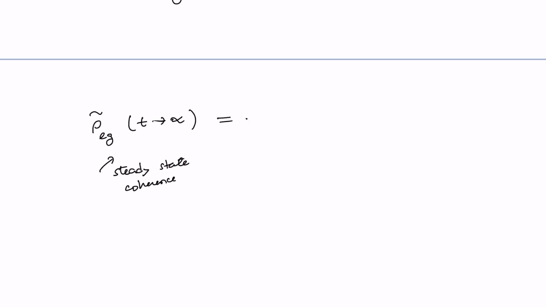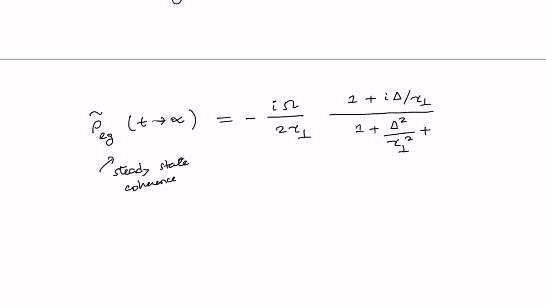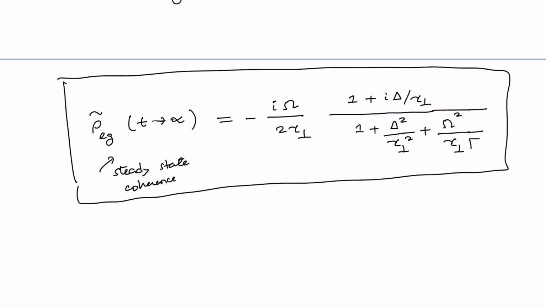I am going to get the expression i capital omega divided by 2 gamma perpendicular, and in the numerator I will have 1 plus i delta by gamma perpendicular, divided by 1 plus delta square over gamma perpendicular square plus capital omega square divided by gamma perpendicular capital gamma. Okay, this is what my steady state coherence is. So let's say this is my equation number 5.